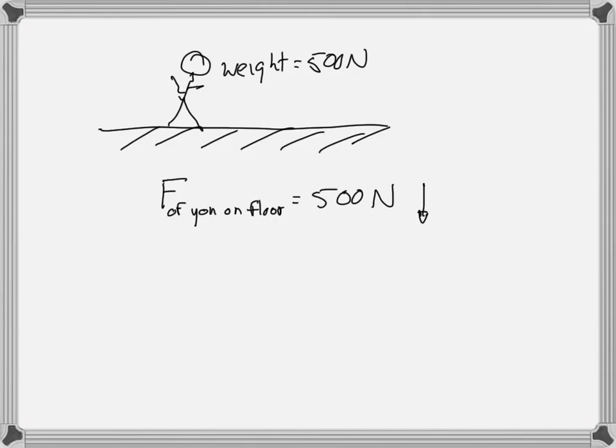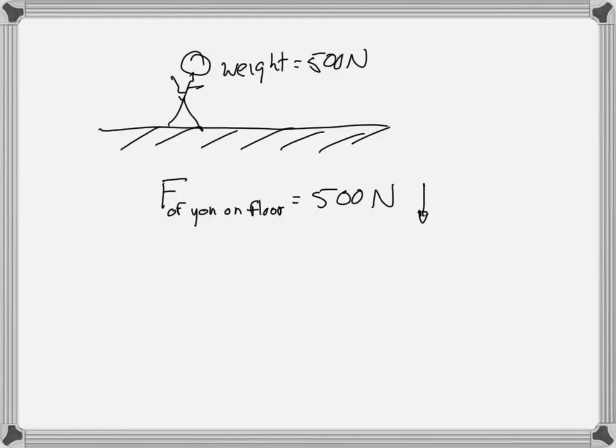If you were pushing on the floor, like getting ready to jump, and you're accelerating, then the force you're exerting on the floor is bigger than 500 newtons in order to push yourself off the floor. Or if this was an elevator, moving downward, accelerating downwards out from under you, then while your weight is 500 newtons, you're not necessarily exerting a force on the floor of 500 newtons. The only reason why you're exerting a force on the floor of 500 newtons is because you're in equilibrium.